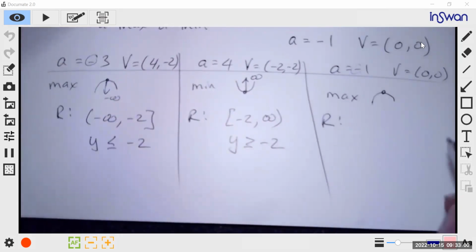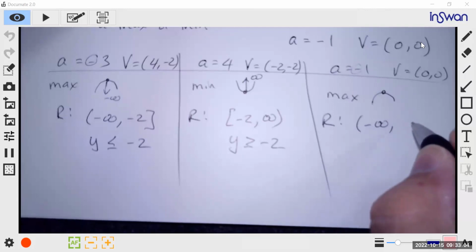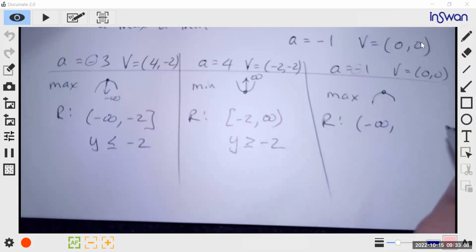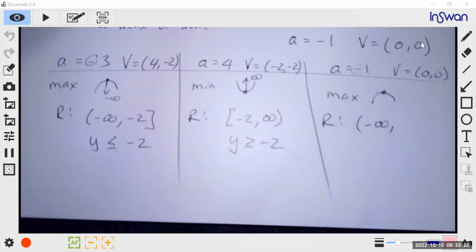And the last one, nope. What's the highest y value? 0.